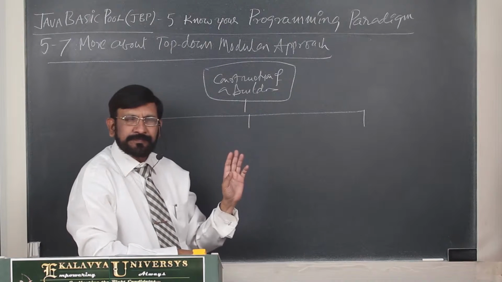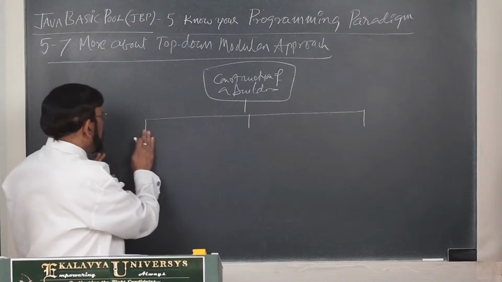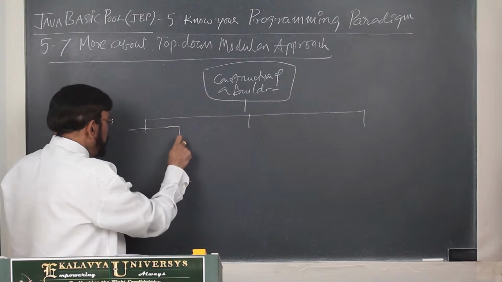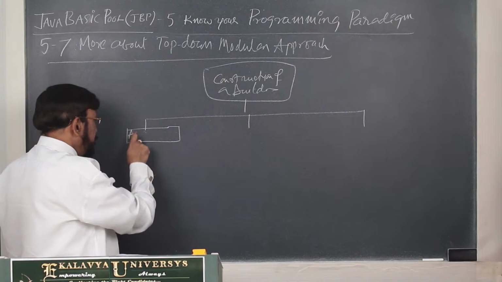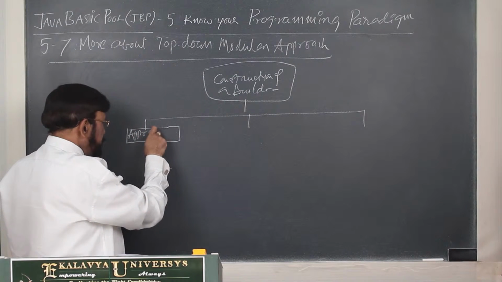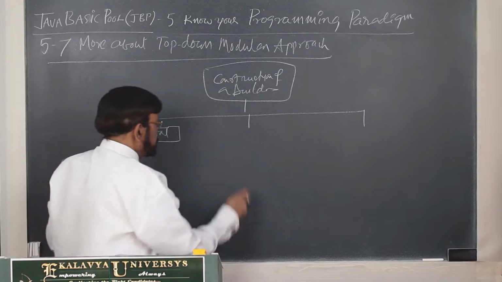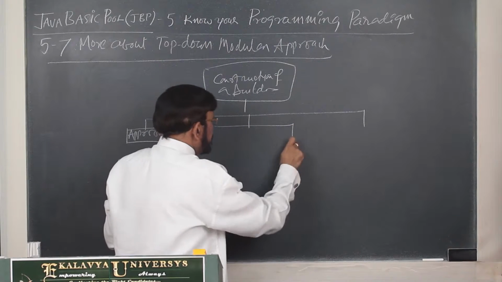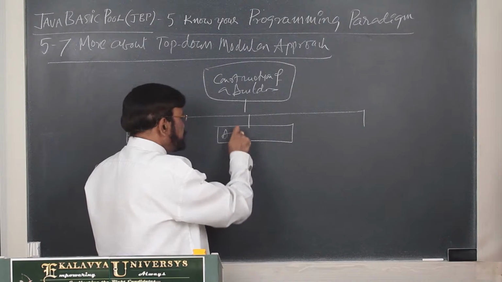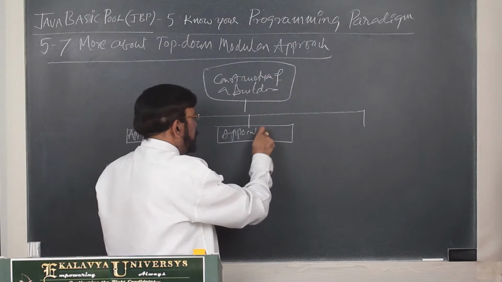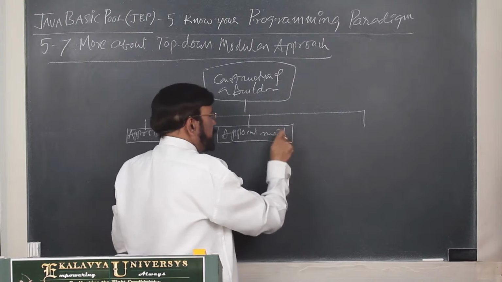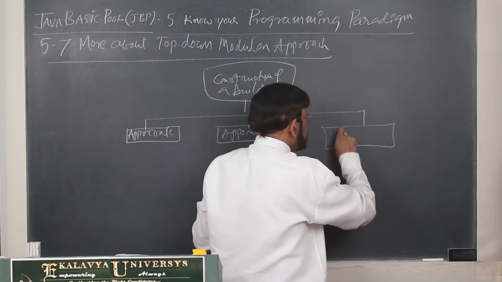If you classify, you can find only three main groups. One is approvals, second one is appointments, third one is purchases.